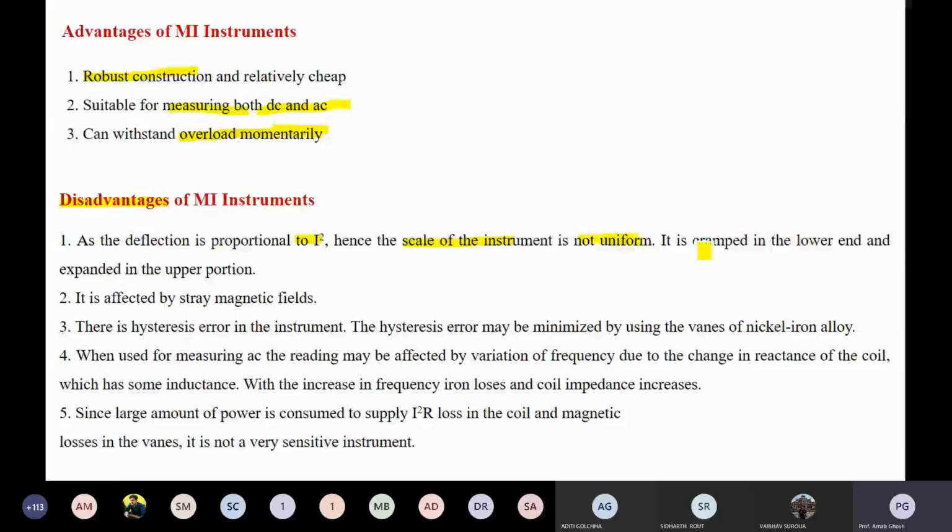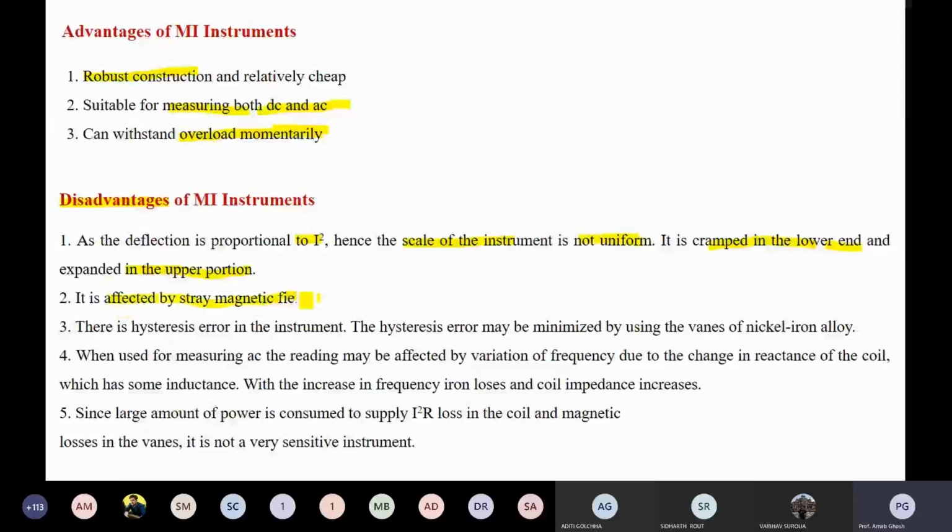It is cramped at the lower end and expanded at the upper portion. At the lower end it is squeezed, so the scale divisions are very near to each other, and in the upper portion they are expanded, so the divisions differ much more.